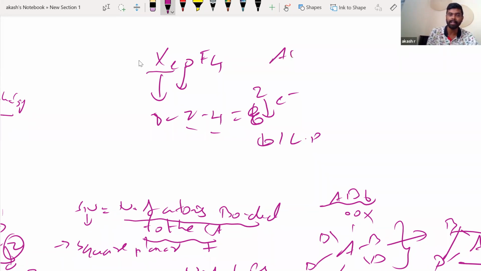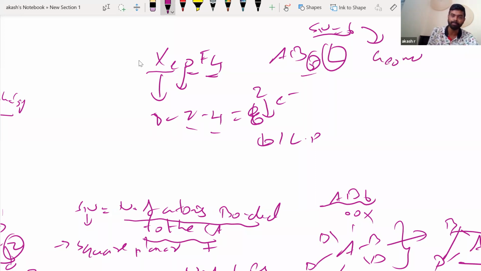Now, which category will it come into? Now I have 5 bonding atoms, 1 oxygen, 4 fluorines. So AB5 and 1 lone pair, AB5L. Now again, you see the steric number is 6. 5 bonding atoms and 1 lone pair, 5 plus 1 will become 6. So the moment you have steric number 6, the geometry is octahedral.